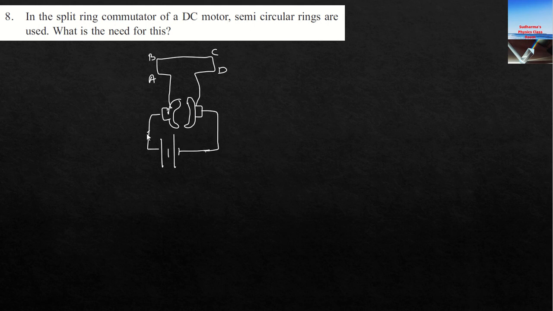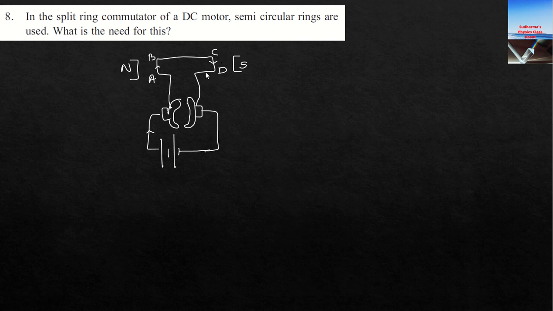The current will be entering the coil from A to B and comes out of the coil through CD, and this is the north and south pole of the magnet. So during every half rotation, the current in the arms of this armature should be reversed. That is possible only with the help of these half rings. If you are using two complete rings here, the reversal of current in the arms AB and CD will not take place.